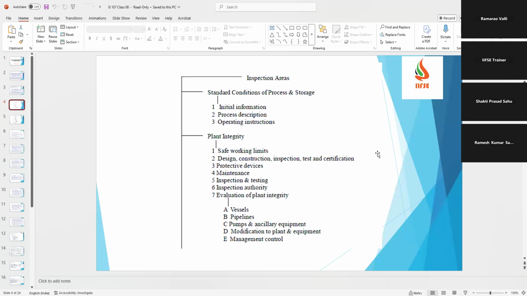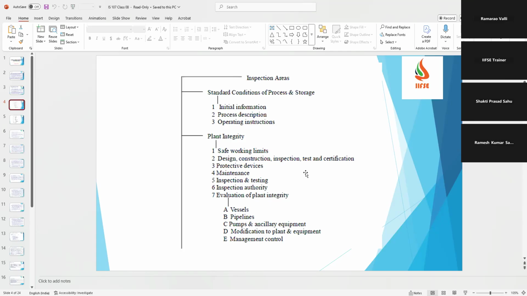Then regarding the plant integrity, when we say integrity, how safe the plant is, here we talk about safe working limits, like for the machines, equipments, and vessels. Design, construction, inspection, and test certificates. So we have to know the design before going for inspection. I mean, for the safety, it is not required.